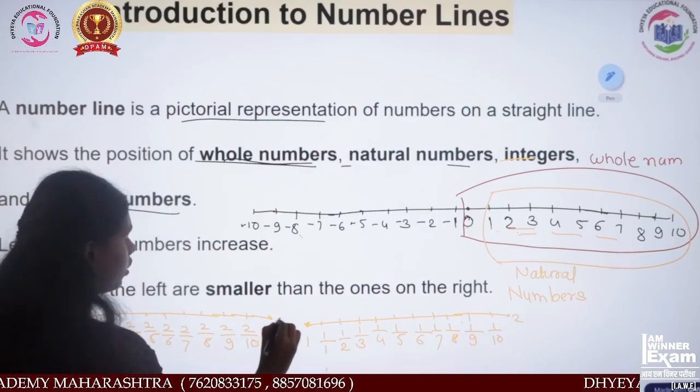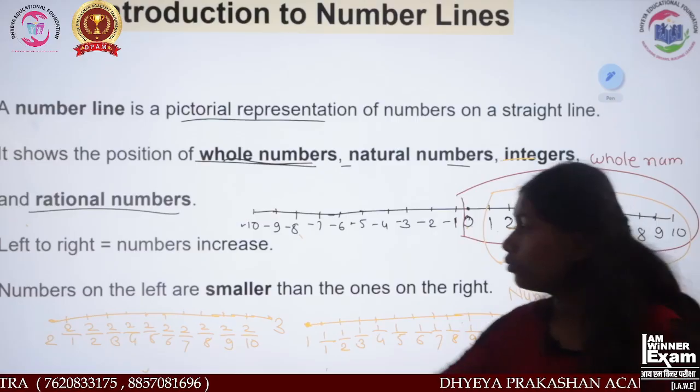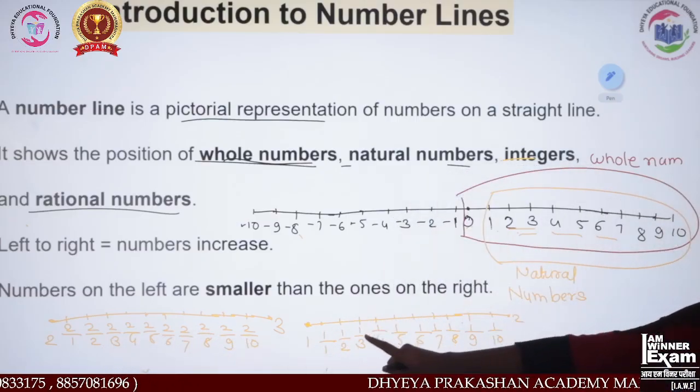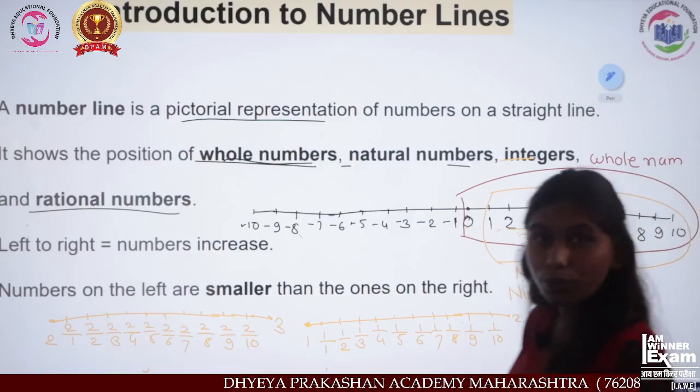And then here comes 3. Now these are the rational numbers between 2 and 3.